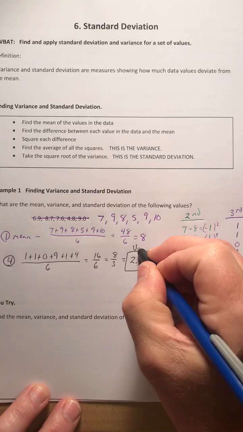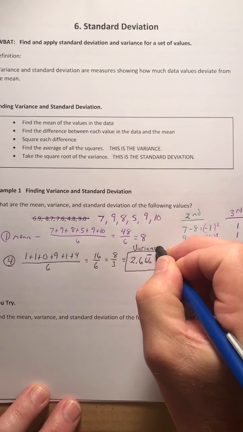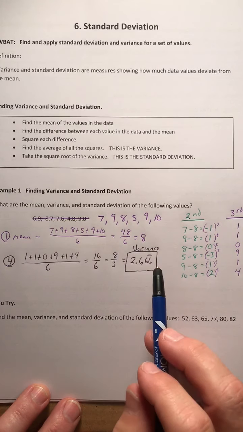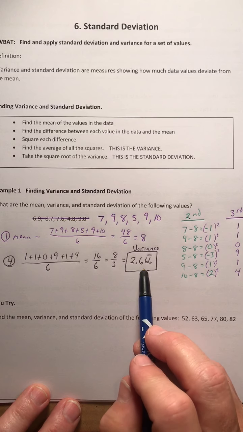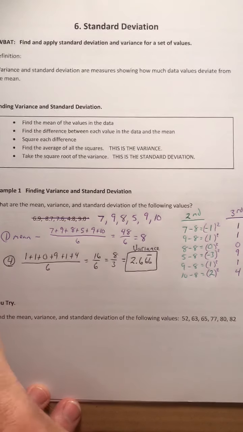So that is your variance. And then what you do is you take the square root of this.